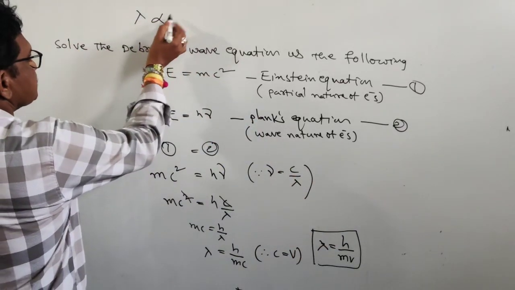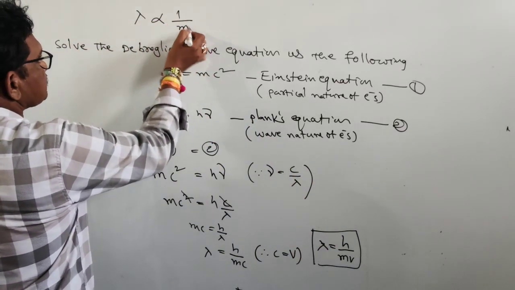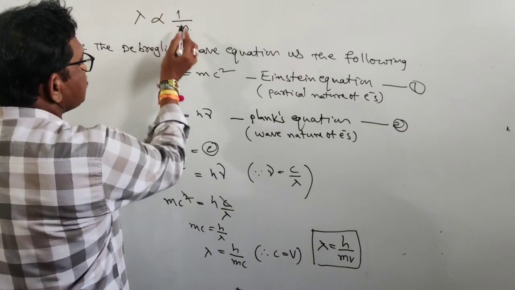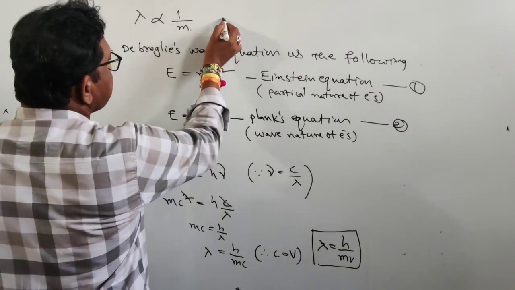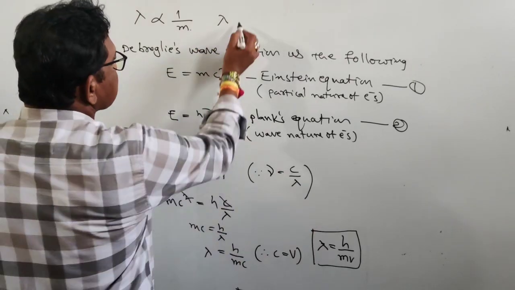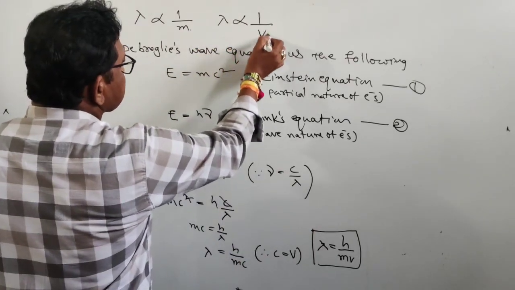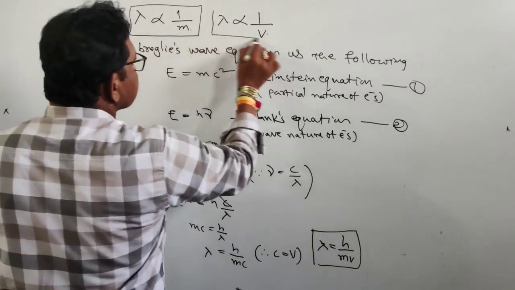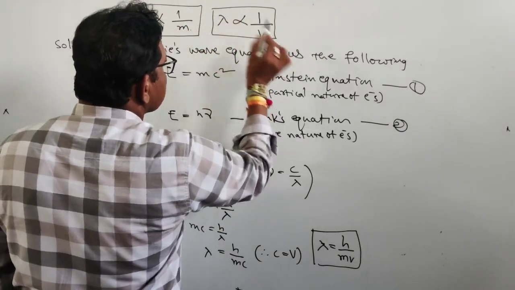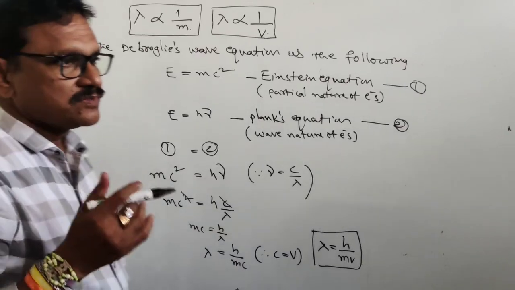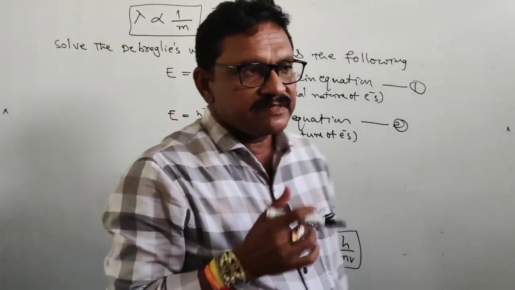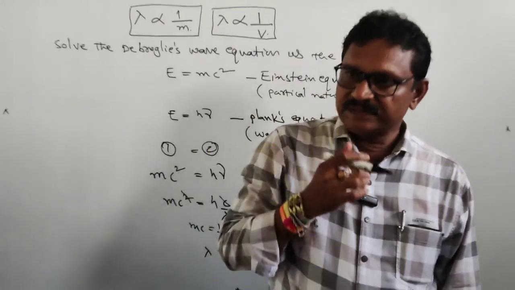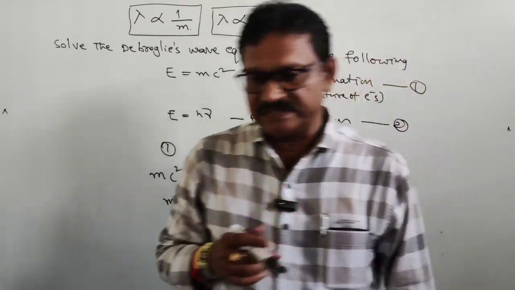Here wavelength is inversely proportional to mass. From this we can understand, the wavelength of an electron is inversely proportional to the mass of the electron. In the same way, wavelength is inversely proportional to velocity of electrons. You remember these two relations. From this we come to the conclusion about the nature of electron, how it behaves in an atom moving around the nucleus.